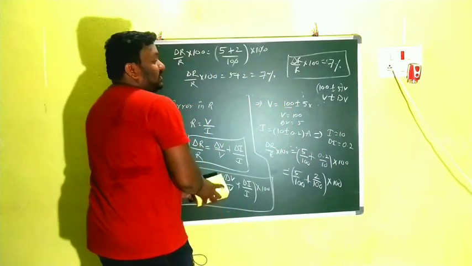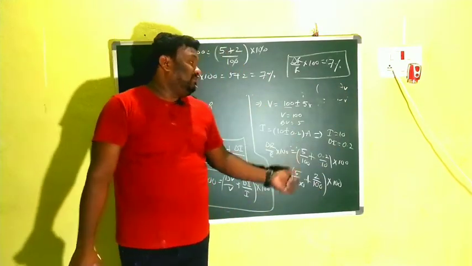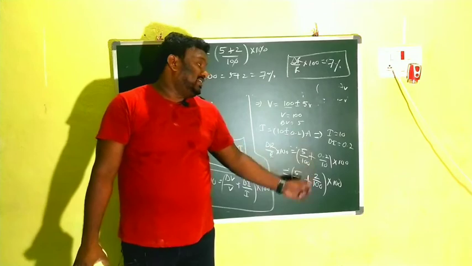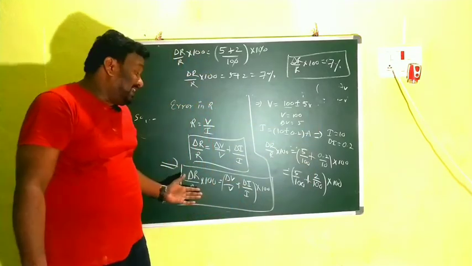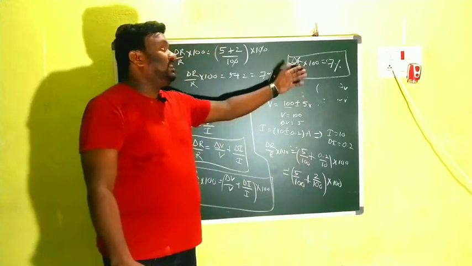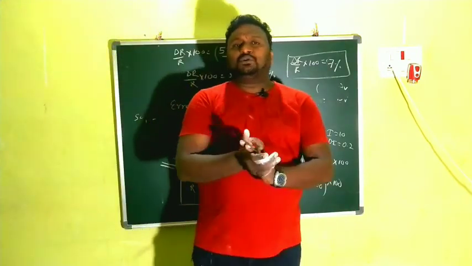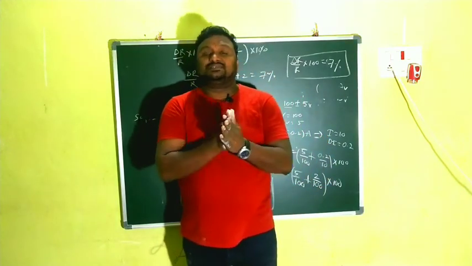Then we write the values for V, delta V, similarly I and delta I, and simply substitute the values in the equation. We do the simplification, and we get 7%. Very simple, children. If you know the rule, we can easily do the calculations in problems.